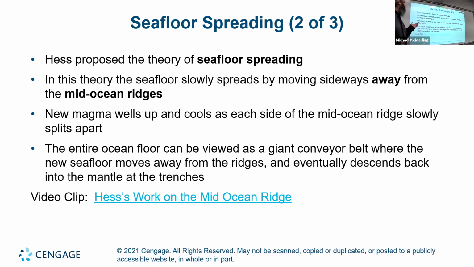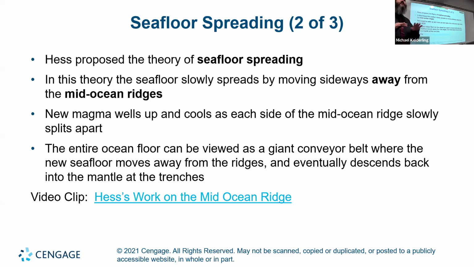So in this theory, the seafloor slowly spreads by moving sideways away from mid-ocean ridges. So there's a mid-ocean ridge in the middle of the Atlantic Ocean, steadily spreading apart, and new crust is formed. New magma wells up, cools on each side of the mid-ocean ridge as it slowly spreads apart.